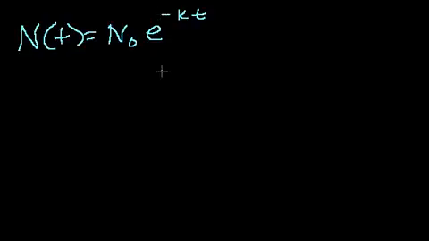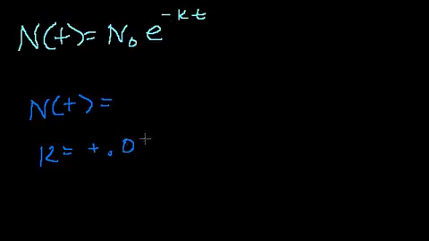Let's say that I have some magic element here, where I give you its k value. We're putting a minus in front of it, so I'll say the k value is a positive 0.05.